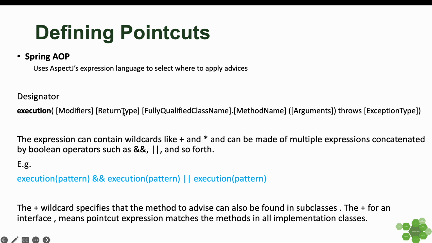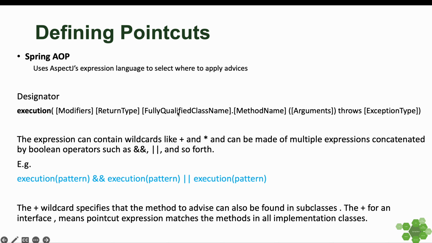Then you specify the return type, because remember we mentioned that a join point where the advice will be applied is always a method execution. That's why we have a return type, because each method has a return type.